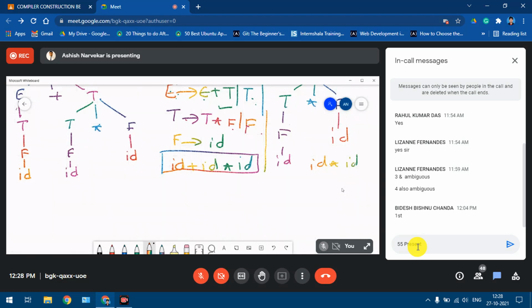Hence what we have done over here is convert the grammar from ambiguous grammar to unambiguous grammar. Clear? Just remember, for conversion of a grammar to unambiguous grammar, we need to take care of two things. One is associativity, another is precedence. For associativity, depending on whether the operator is left associative or right associative, you need to restrict your tree towards the left or right accordingly.